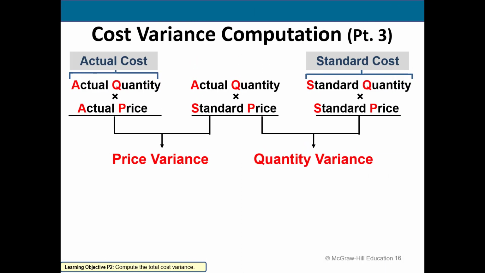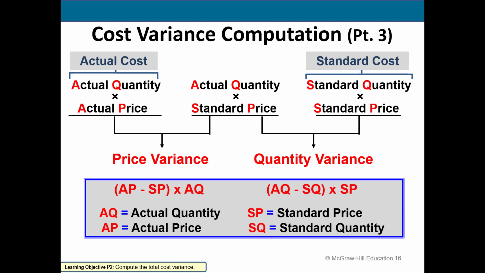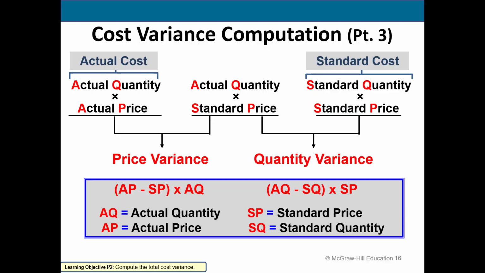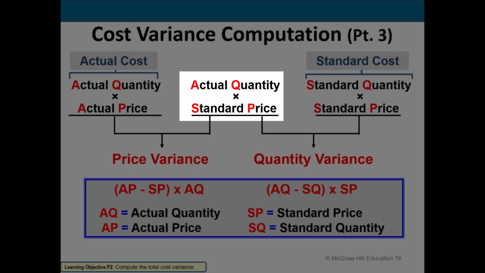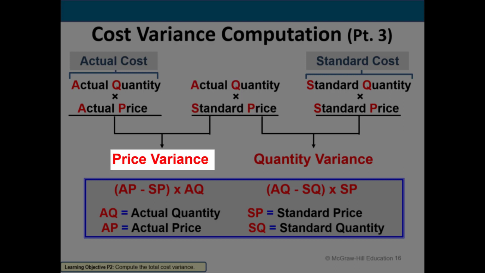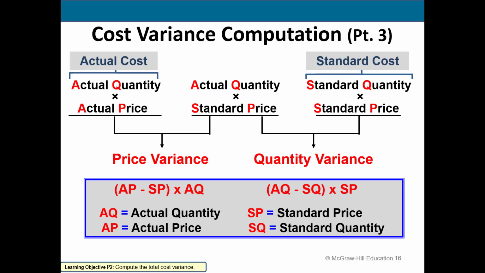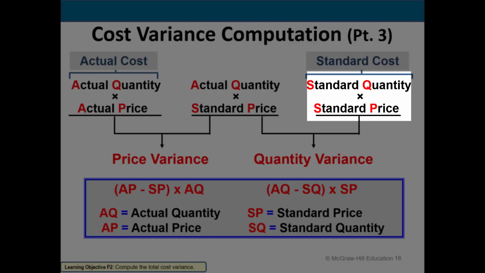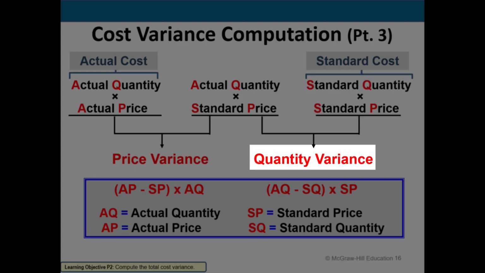This is the general model for computing materials and labor variances. We multiply the actual quantity times the actual price and compare that to the actual quantity times the standard price. The difference is the price variance. Then we compare the actual quantity times the standard price to the standard quantity at standard price, and that difference is called a quantity variance.